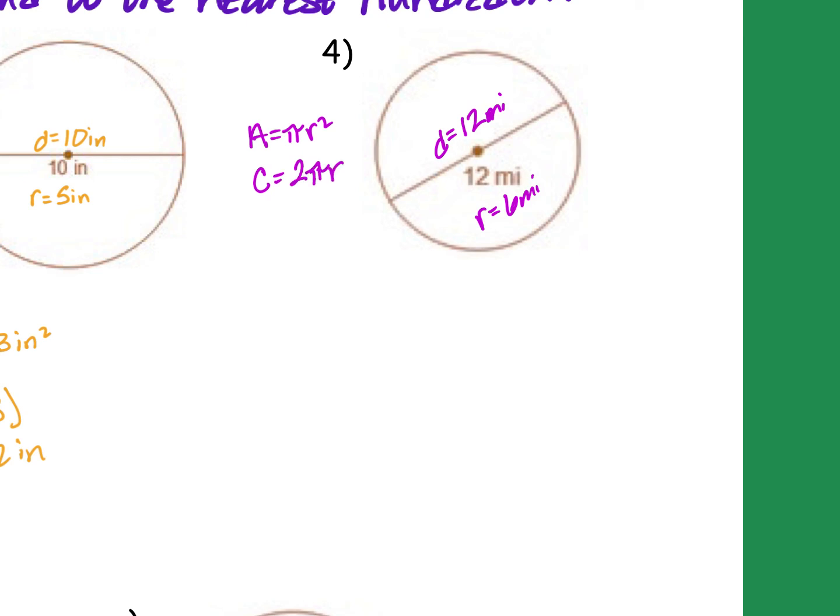Usually the hardest part is putting it into the calculator, so if you need help, ask me, and I will help you. So area equals pi times 6 squared, which is going to be equal to 113.10 miles squared.